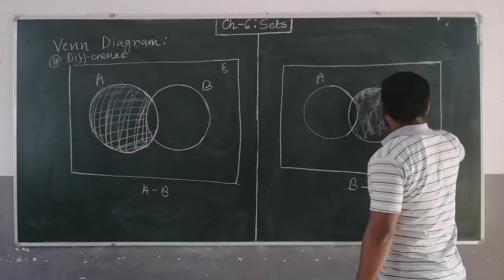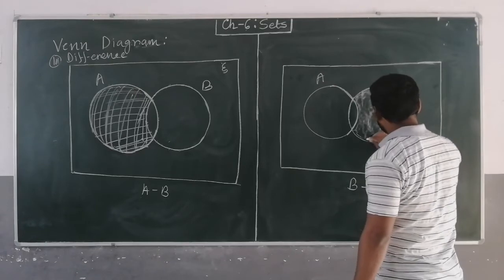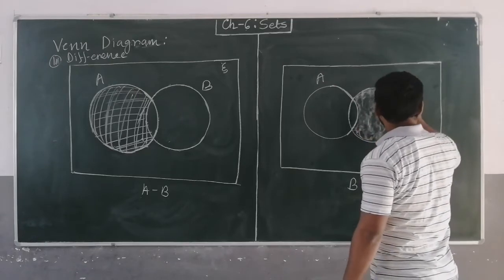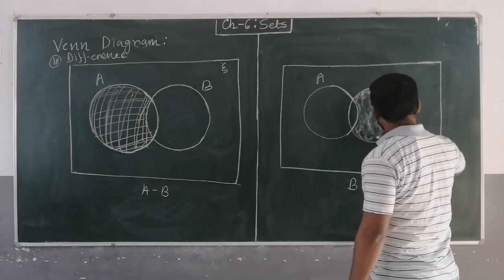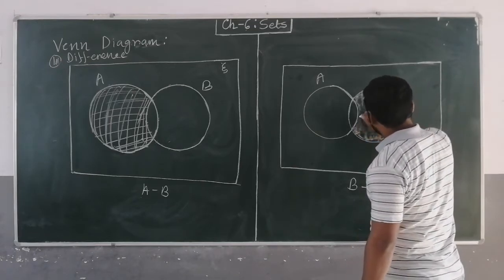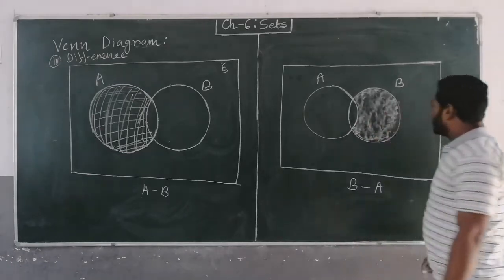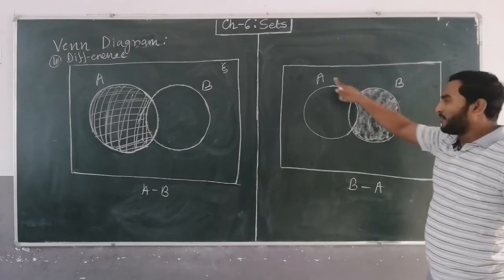B minus A is this part. Here the elements belong to B only, not to A.